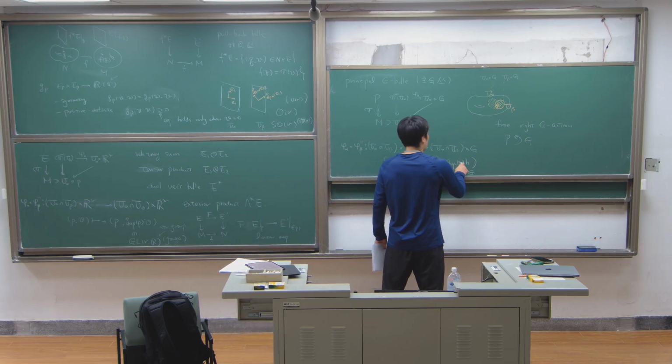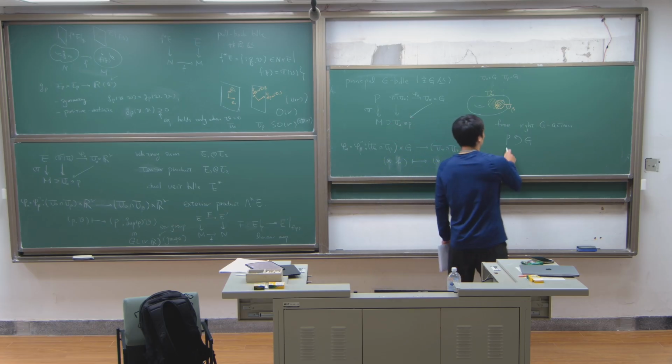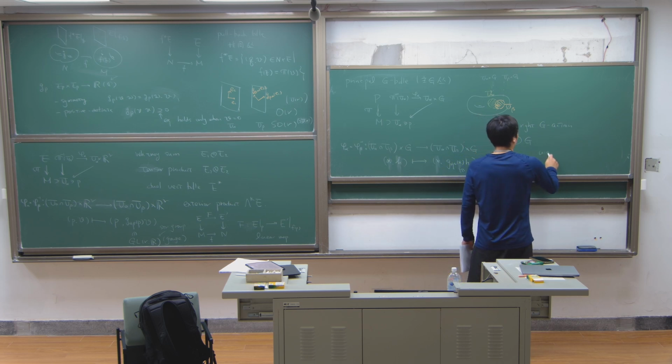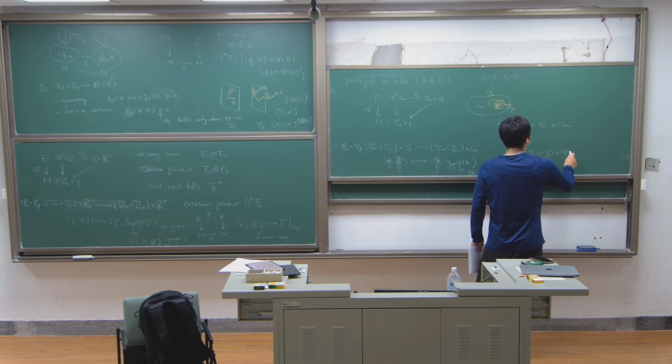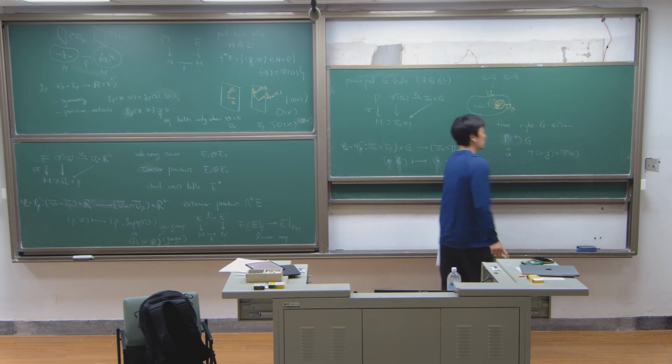If you have any point U, you just have U dot G such that pi of UG is equal to pi of U.